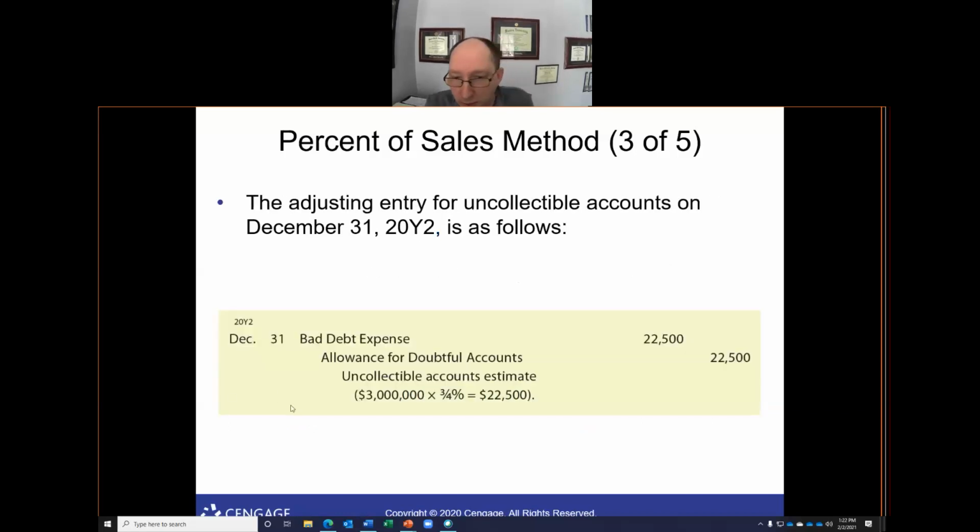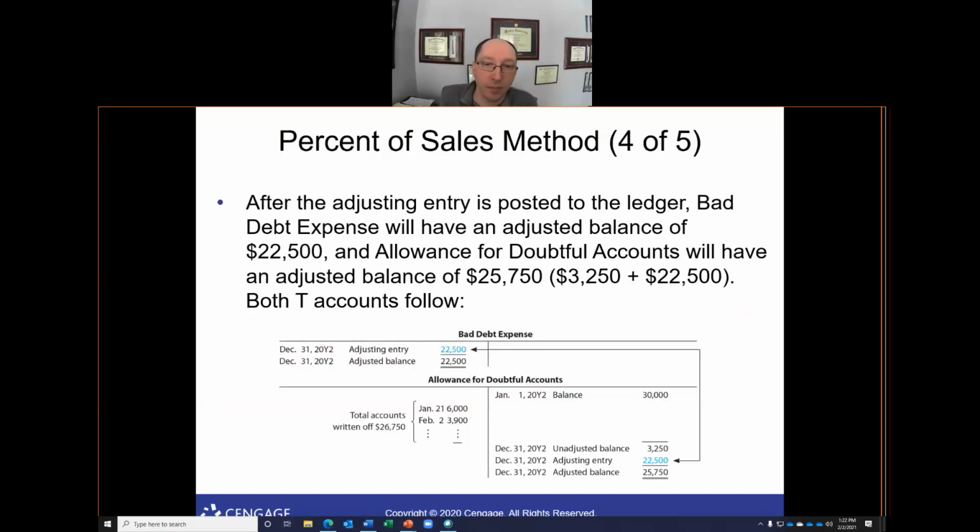So the journal entry we make for that is we debit bad debt expense, $22,500, and we credit the allowance for doubtful accounts, $22,500. The percent of sales method, in my opinion, is probably the easiest.